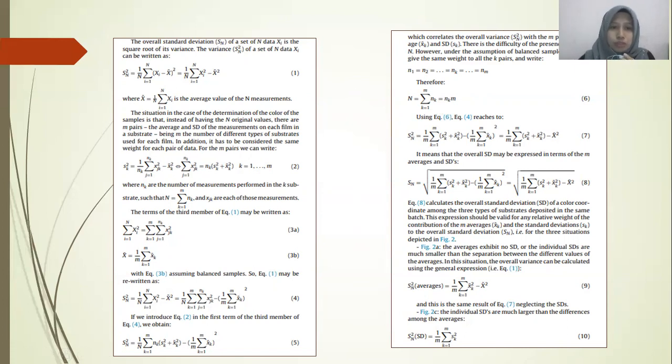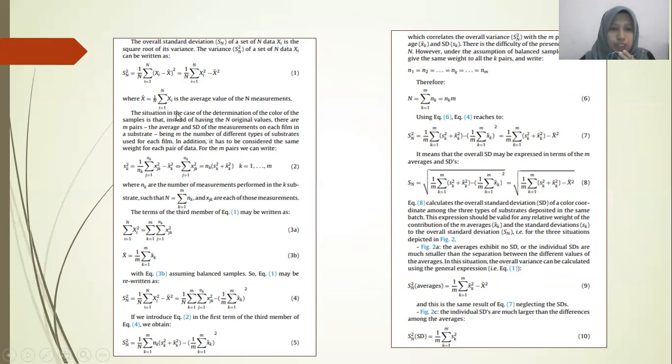From here we could see the overall standard deviation of a set of n data Xi is the square root of its variance. The variance of a set of n data Xi can be written as in equation 1.